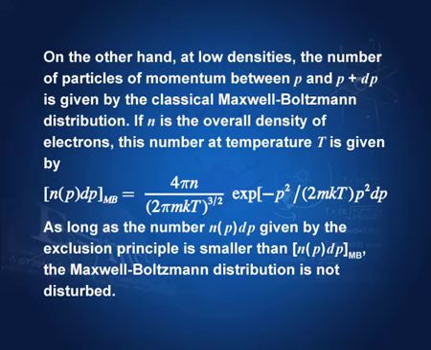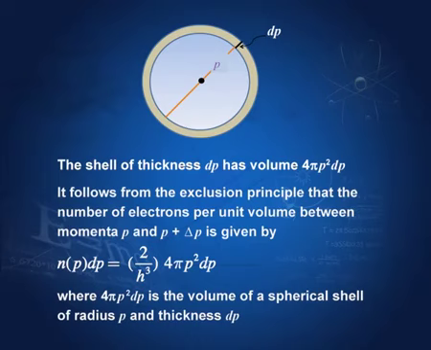This is for the Maxwell-Boltzmann distribution, and this number is 4 pi n, where n is the overall density, divided by 2 pi m k T to the power 3 by 2. m is the mass of the electron, k is the familiar Boltzmann constant, and T is the temperature. So, at this temperature T, the number of particles having momentum between p and p plus dp is this number. And now, it is a competition between this number and this number.